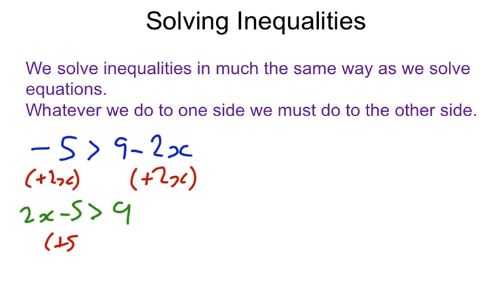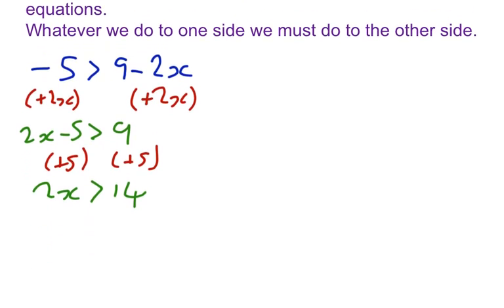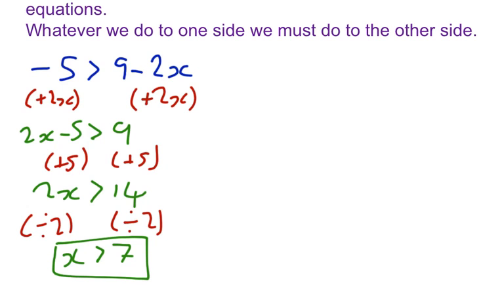And then we're going to add 5 to give us 2x is bigger than 14. And then finally we're going to divide by 2 to give us an answer of x is bigger than 7 as our final answer for solving this inequality.